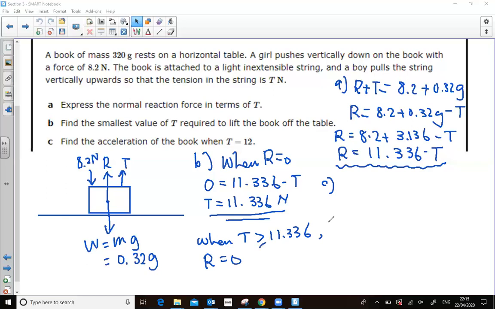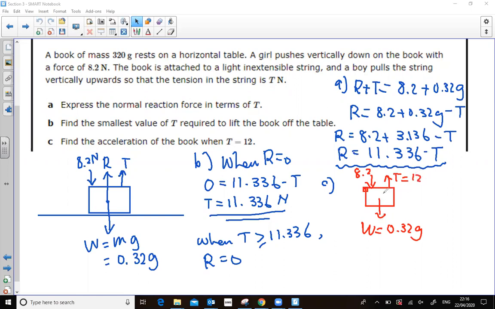Okay, so that means, well, we have to reconsider the diagram again. So let's draw another diagram. Maybe I'll use a different color. Let's use red. So this time, on the book, there will only be the weight, which is 0.32 g, and we still have the force 8.2 being pushed down by the girl, and we'll have the tension T, and in part C, given T as 12 Newton.